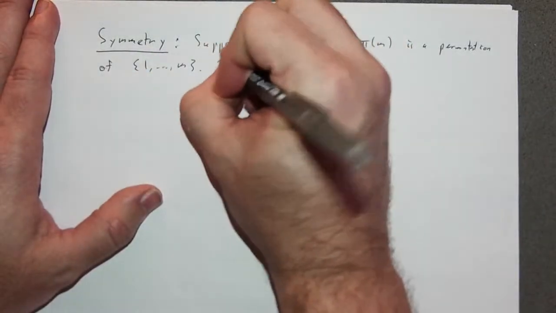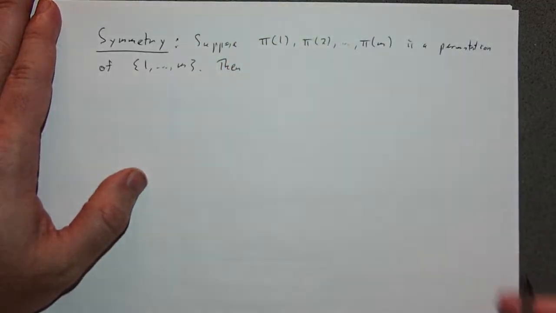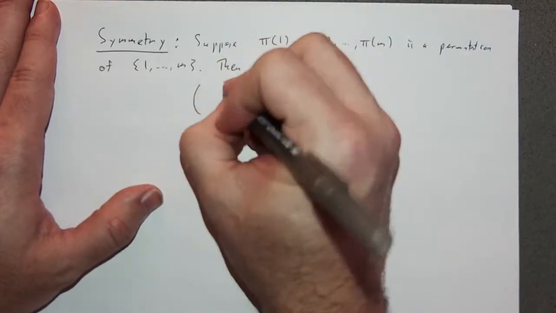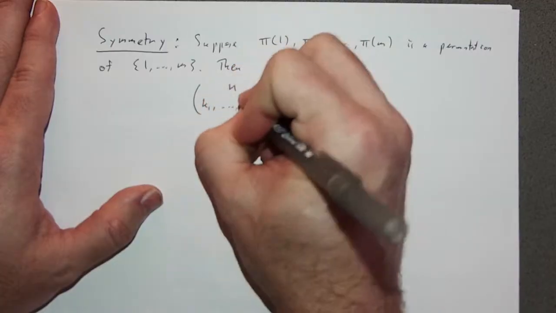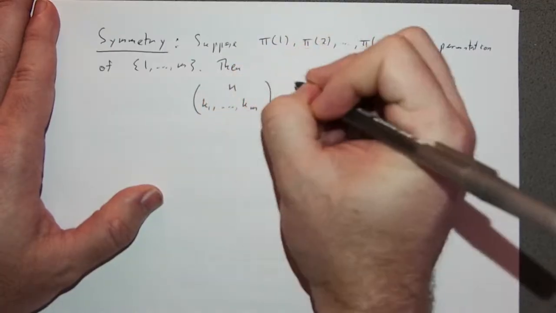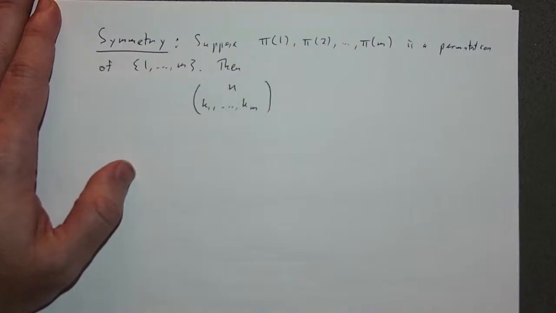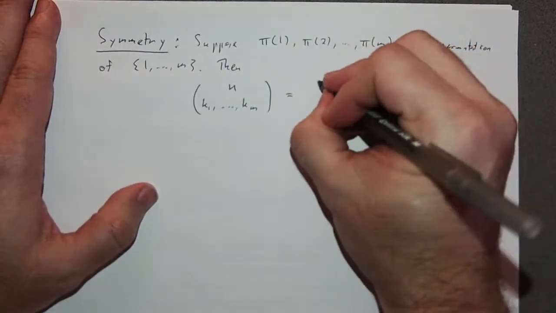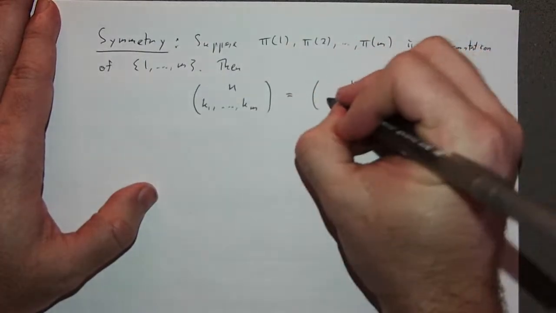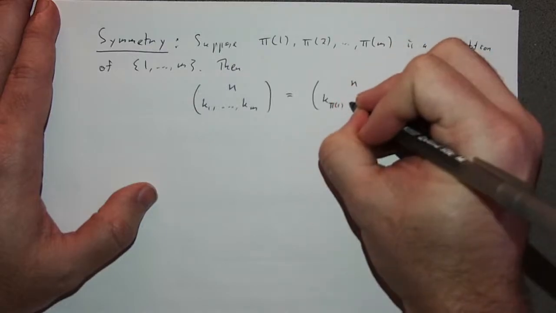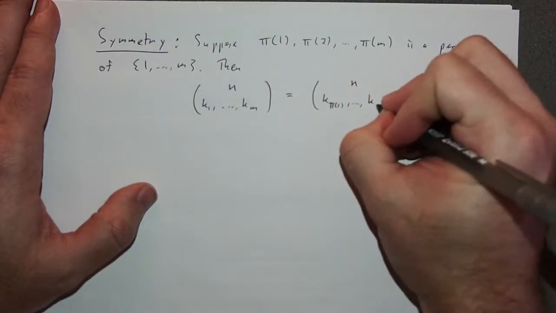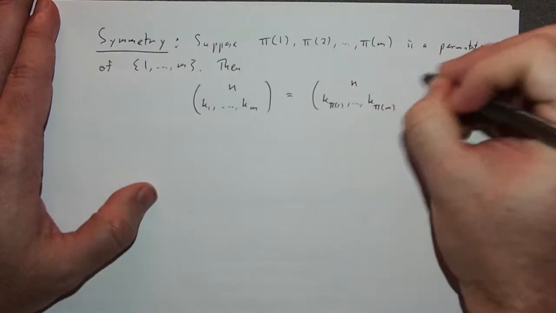Then the multinomial coefficient is actually the same even if I have permuted those things. So k sub pi 1, k sub pi m.